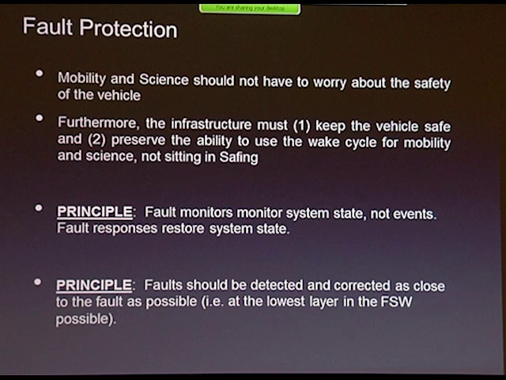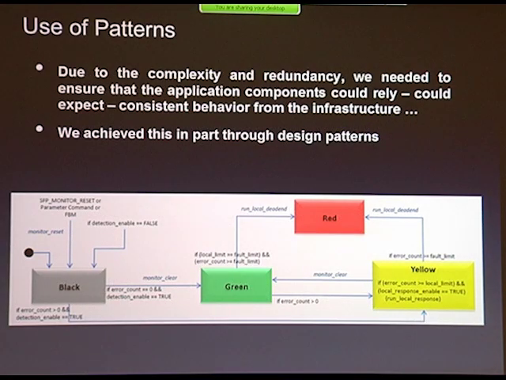So, principle, I'm going to start with this one down here. Faults should be detected and corrected as close to the fault as possible, at the lowest layer in the flight software possible. So that's why back in this monitor pattern, we actually have local fault protection and system fault protection.